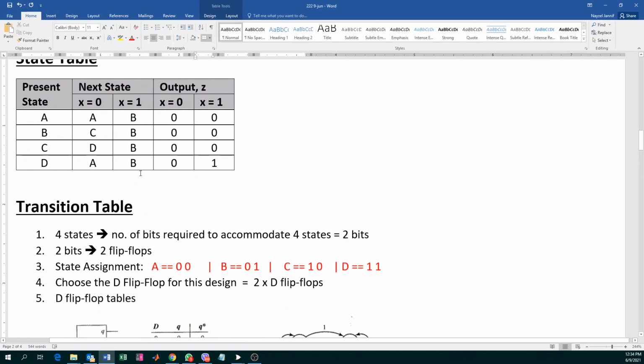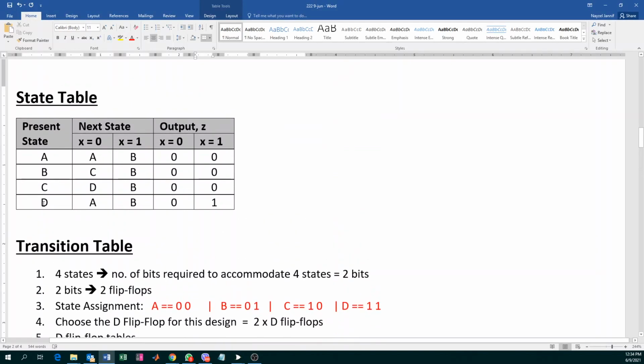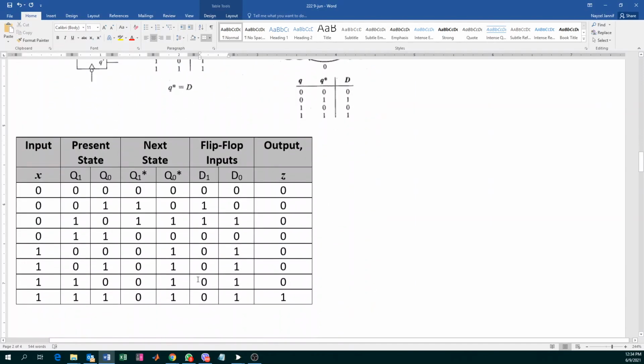So to answer your question, if your present state is D, remember what D is? D is 1 1, the code which we gave for D. And your input is x equals 1. If your input is x equals 1, your next state will be B, and your output will be a 1.